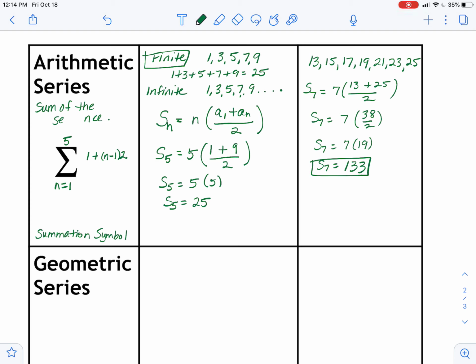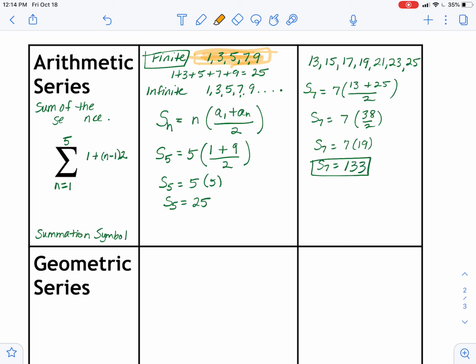A lot of times they have it already multiplied out and moved around. But what this means then is you're going to put 1 in, put 2 in, put 3 in, 4 in, 5 in, which would give us this series. So you wouldn't be given both, okay? You wouldn't be given the numbers here and this summation symbol, okay?